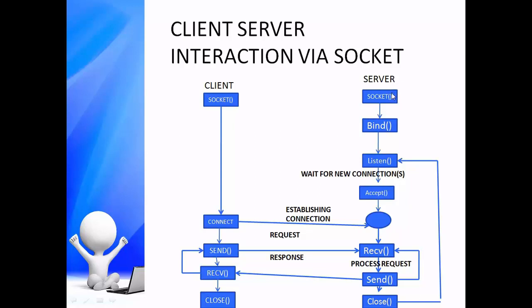So let's see here. After creating a socket object, first let's see the server part. When we create a socket object, the server process binds that socket to a particular IP address and port.